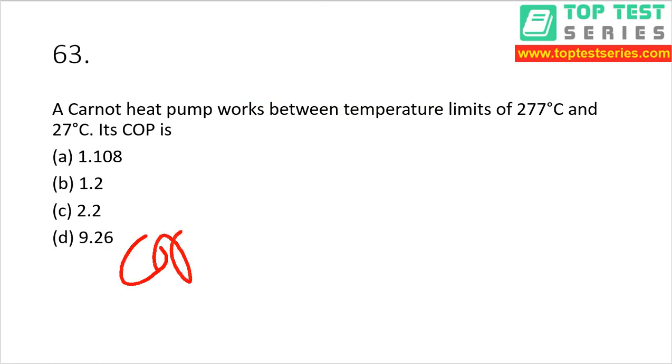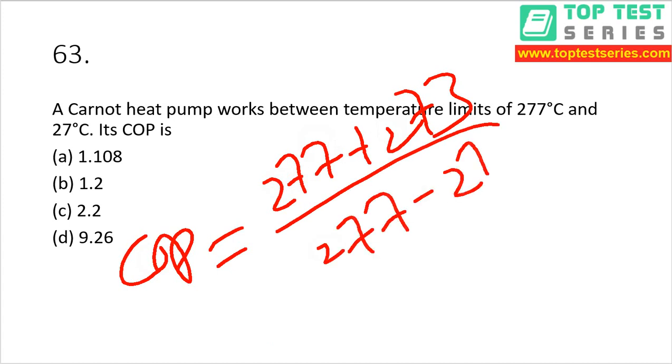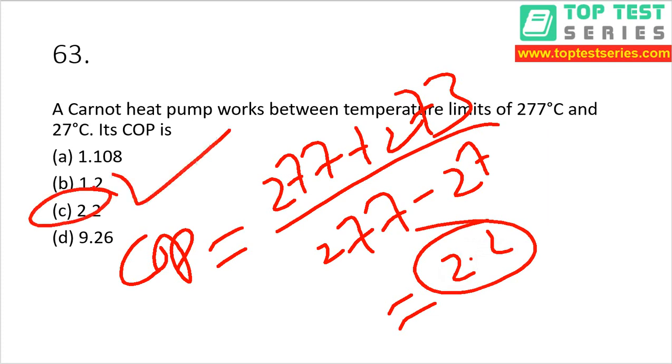COP of heat pump is a very simple question: TH, 277 plus 273, by 277 minus 27. So what is the answer we are getting? That is 2.2. Therefore option C is the correct answer for this question.